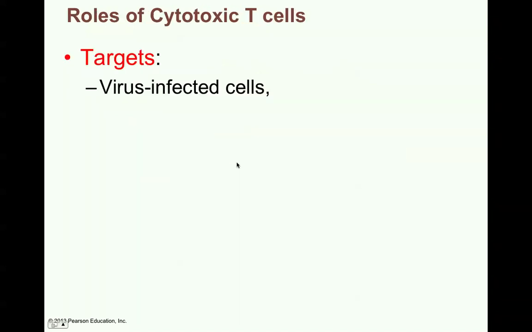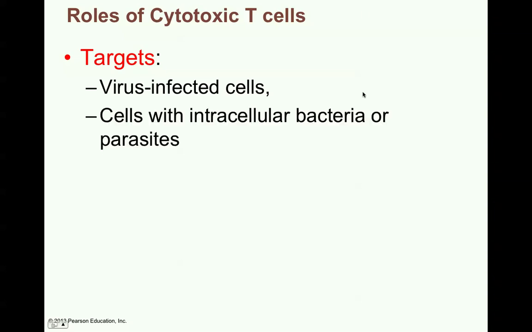The roles of cytotoxic T cells would be that they target a cell that is displaying signals of being infected with a virus. Cells that have intracellular bacteria or parasites. Remember, intracellular means within that cell. So a cell can have bacteria or a parasite inside it.